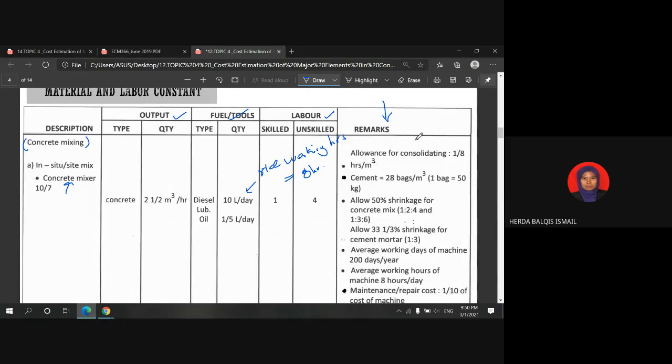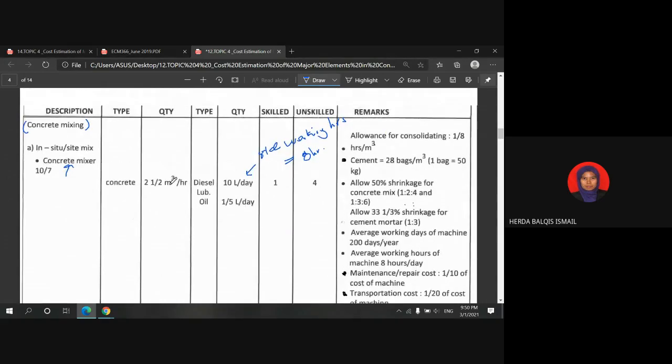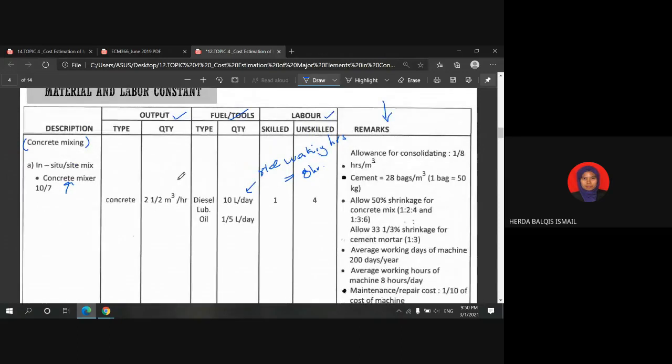Basically, when you mix the concrete, you need to ensure that the concrete is compacted well, so that it will not affect the end product, which is the hard concrete.